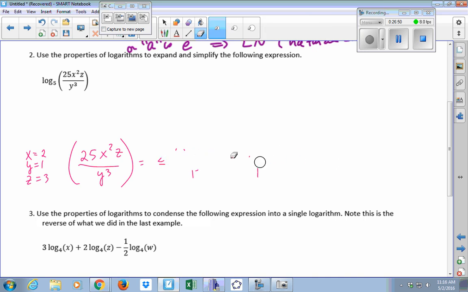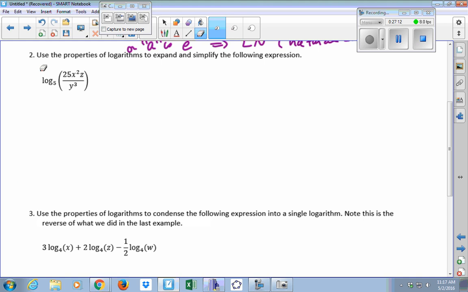So why am I even telling you this? I'm telling you this so that you can look at your input and identify the first property you're going to use, the first log property. Because your log properties are based on multiplication, division, and then a power raised to a power.